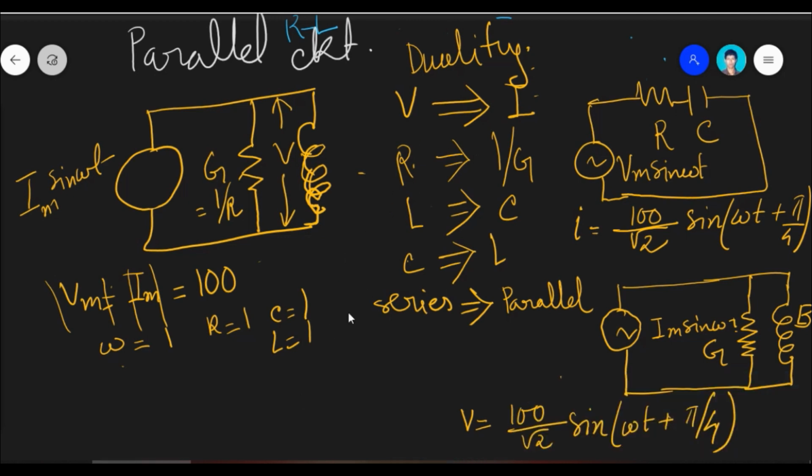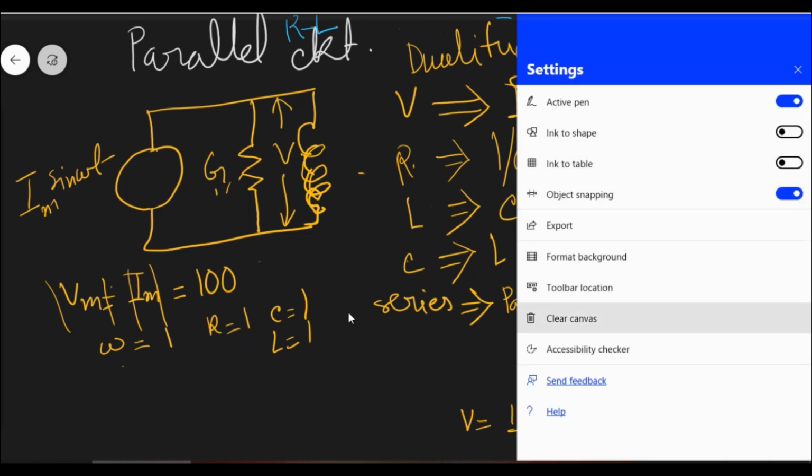here one more thing I would like to highlight, that for the parallel RL circuit we are observing that it is like a series RC circuit, and similarly applying the concept of duality, we can have the locus diagram for the parallel RC circuit.